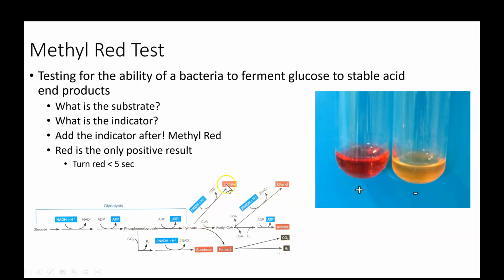For example, we could have lactate, which turns into lactic acid, succinate, which turns into succinic acid, formate, which turns into formic acid, and finally acetate, which turns into acetic acid. Notice that we also can have a little bit of alcohol production as well, but this test is not detecting ethanol. It's only detecting these molecules that will decrease the pH. So in this particular case, what is the substrate?